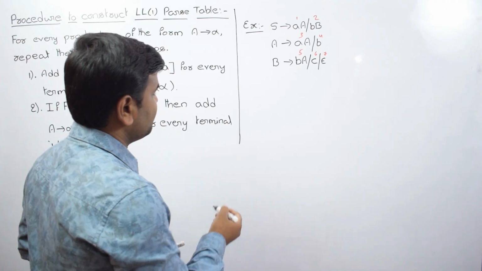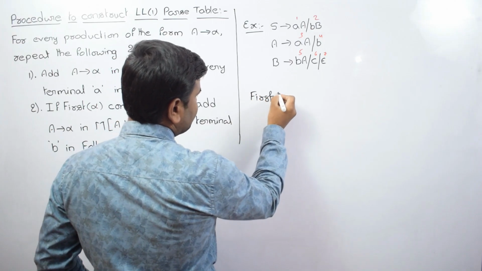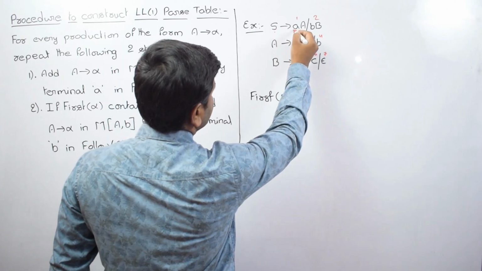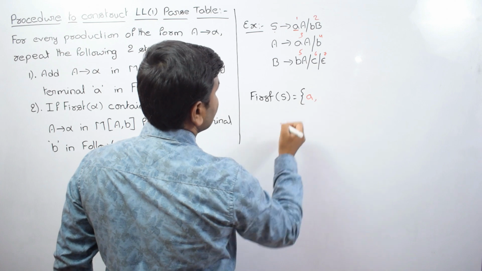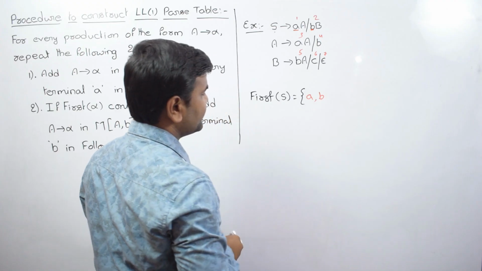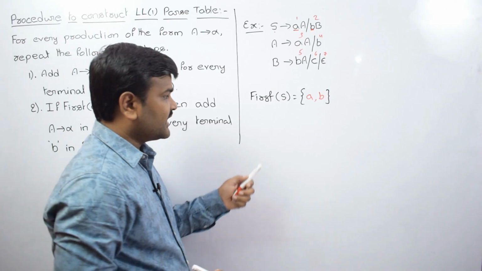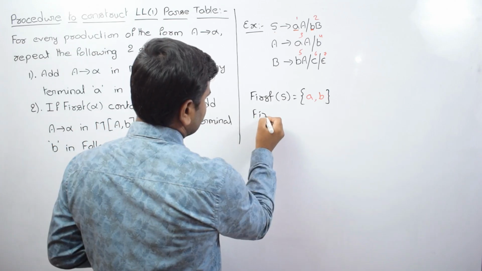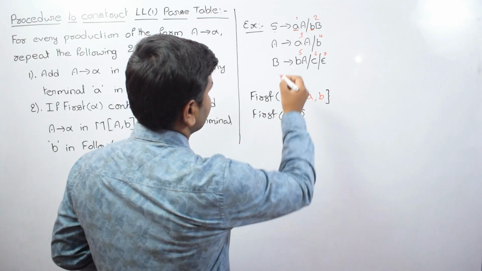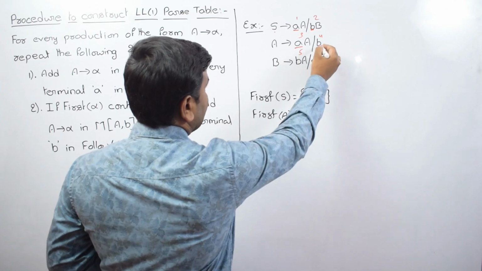So first of all, we find first of S. Here, first of S is either A or B. Then, as we discussed in the last discussion, first of A is the terminal a and b.